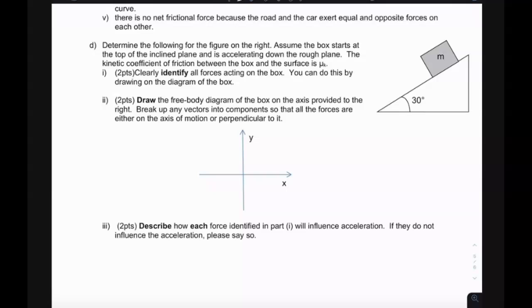Well, we have the x component of the weight acting down, if this is the x direction. And we have kinetic friction acting up.